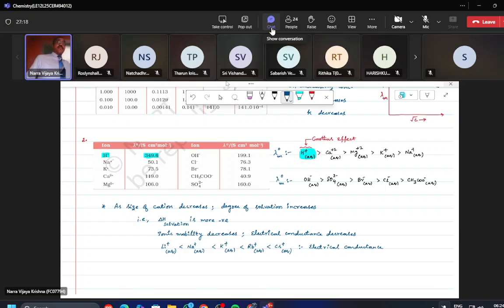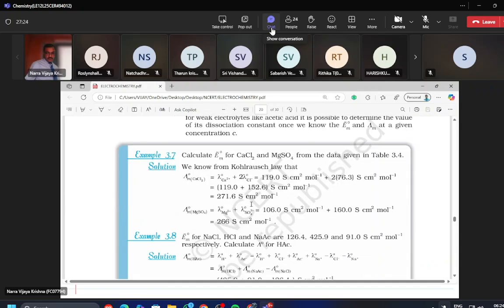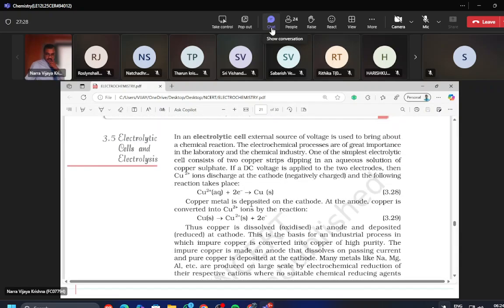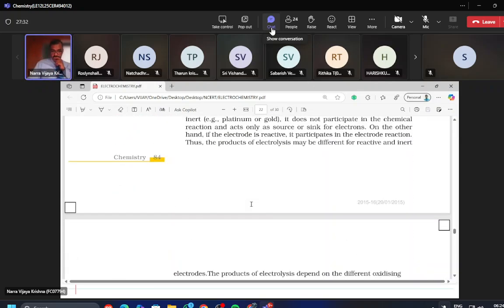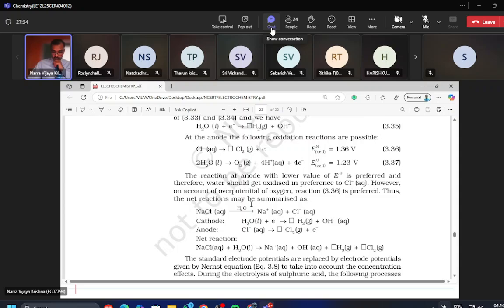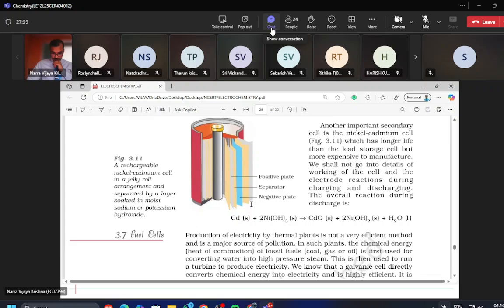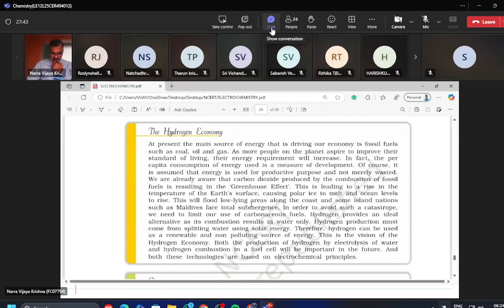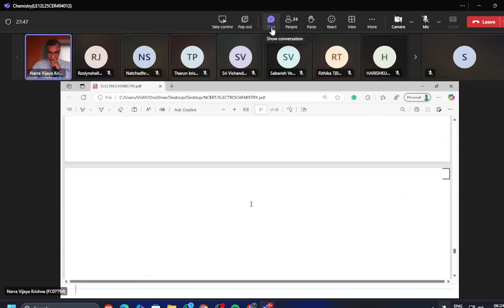This is the second table. Now coming back. There is one more table, copper oxide, insulators. Wait, it is not there.